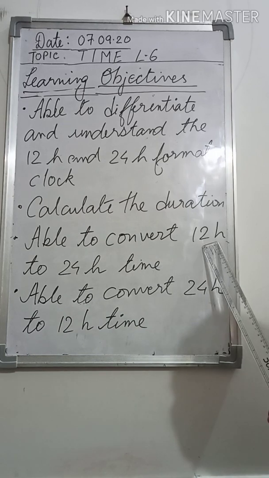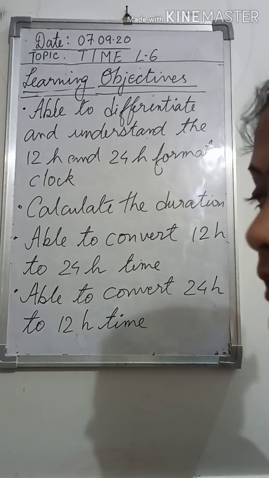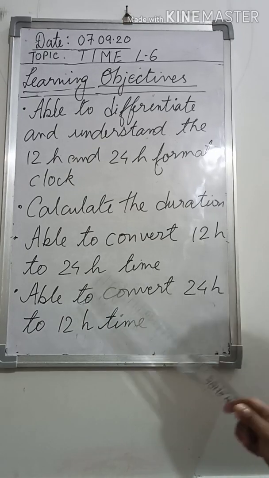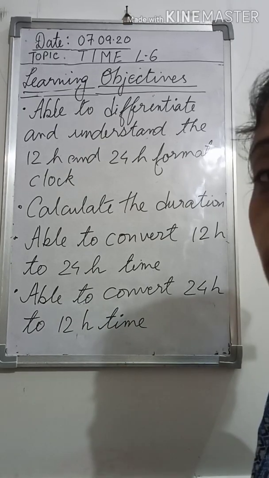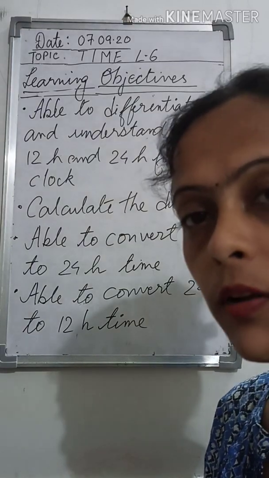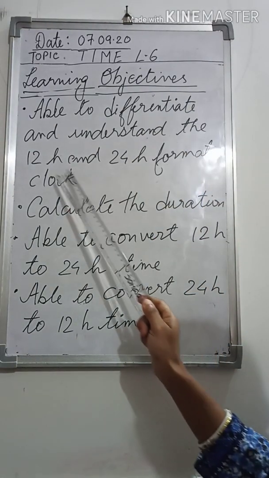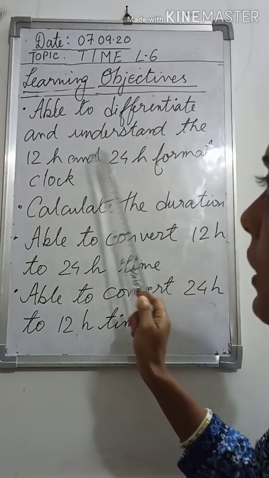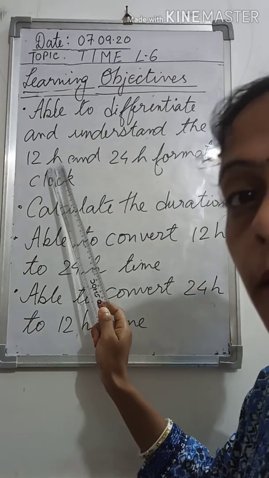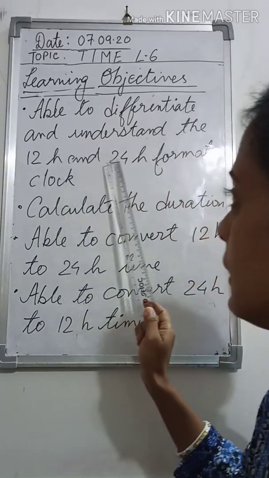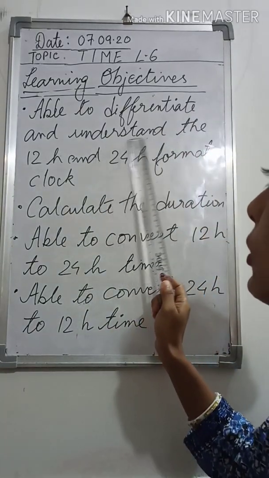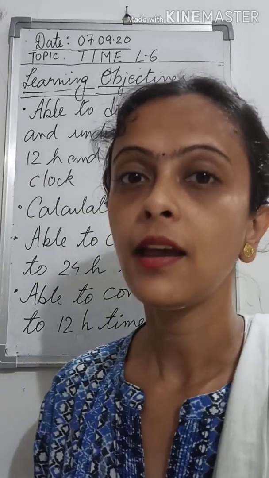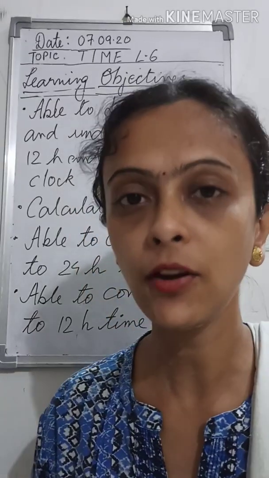How have we converted 12-hour to 24-hour? By adding 12 to the hour part. And to convert 24-hour to 12-hour, we go backward, so we subtract 12 from the hour part. To read a 12-hour clock, we write AM or PM. To read a 24-hour clock, we use 4 digits and there is no AM or PM.